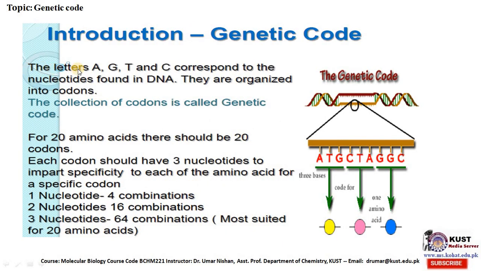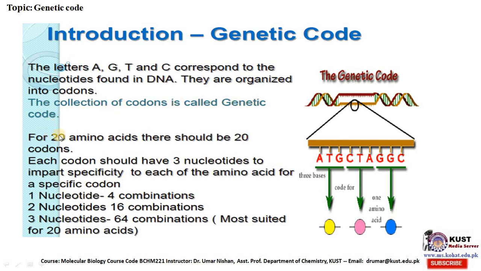Now the letters A, G, T and C correspond to the nucleotides found in DNA. They are organized into codons. The collection of codons is called the genetic code. So this is what the genetic code is.